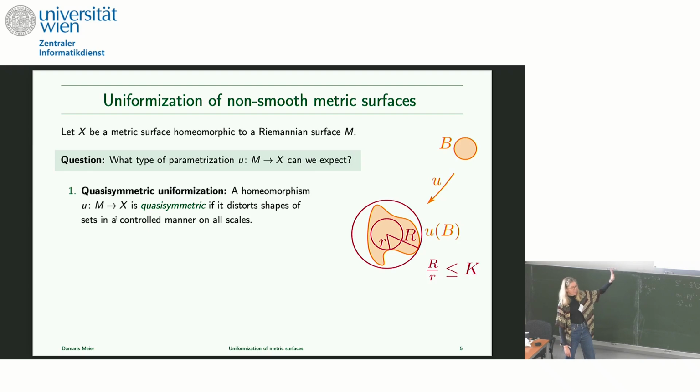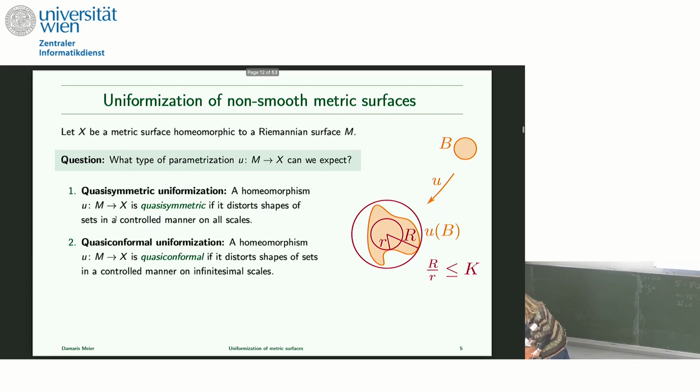And that's a very hand-wavy definition, because I don't want to get too much into detail. But what it does, it maps balls to something that behaves like a ball. And what I mean is that you can inscribe a ball of radius small r and circumscribe a ball of radius big R, and their ratio of the radii, big R divided by small r, is uniformly bounded.